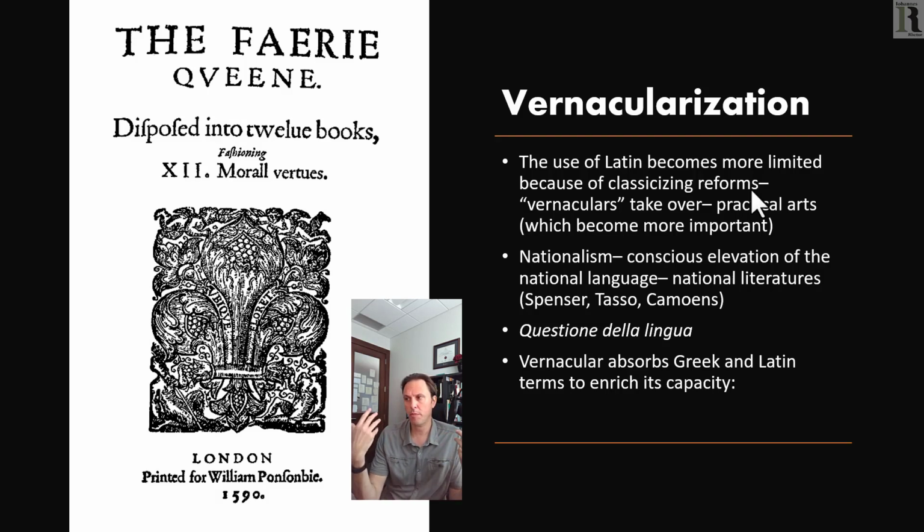Where people start to become conscious of not just being a Yorkshireman or a Londoner or I'm from Madrid or the county of Anjou, but I am English or French or Spanish or Italian or Portuguese, as governments centralize and the national languages are elevated along with national literatures.